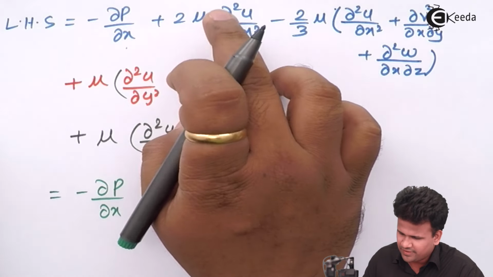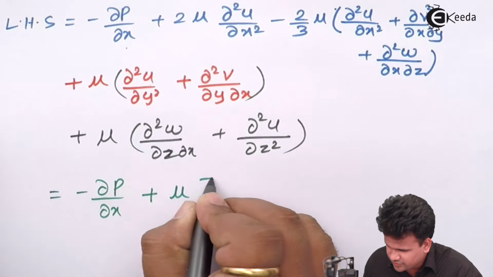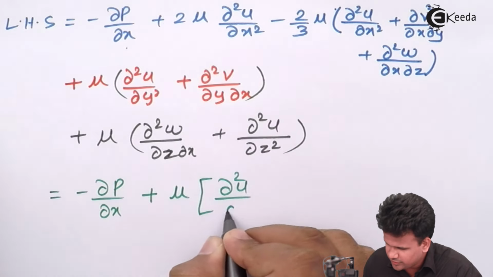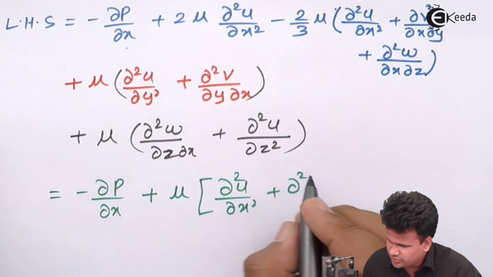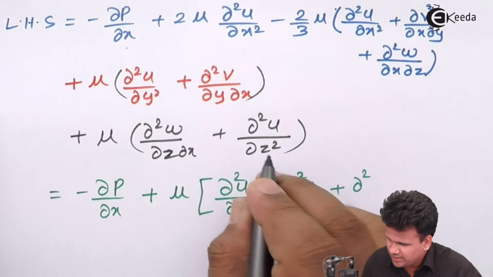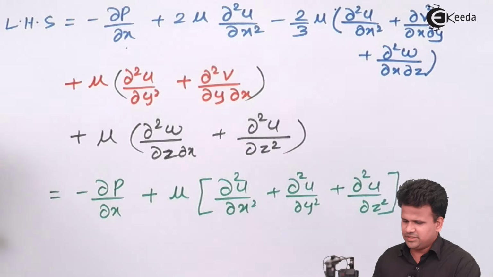So this consists of one second order term with respect to x. So μ will be common. So this is ∂²u/∂x² plus ∂²u/∂y² plus ∂²u/∂z². So we have seen these terms.